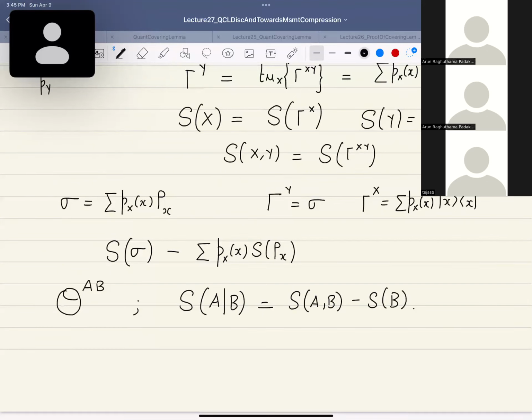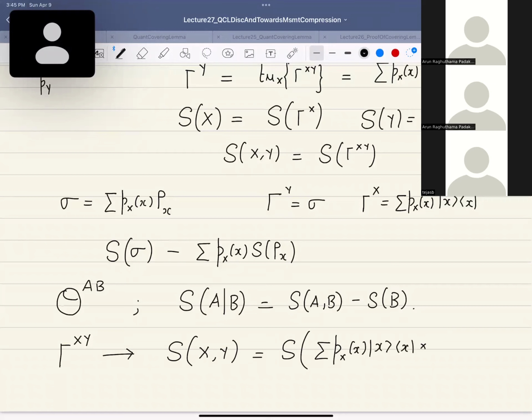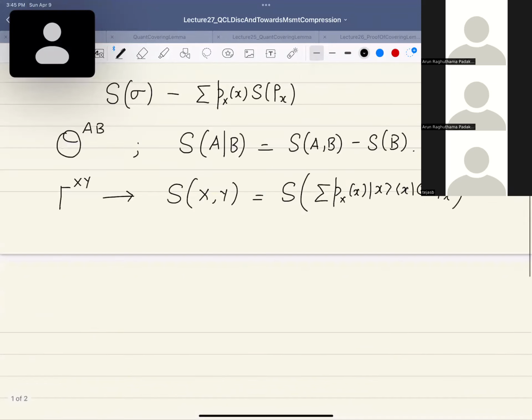Now let's go to gamma xy. What is S of xy? It is the entropy of the sum of px of x, xx, tensor rho x.